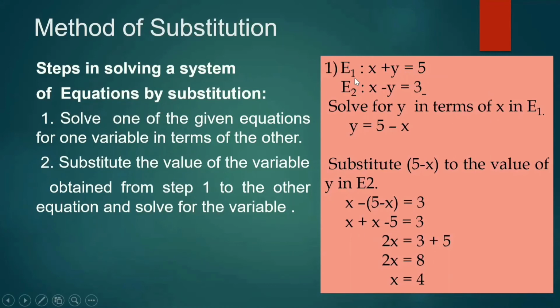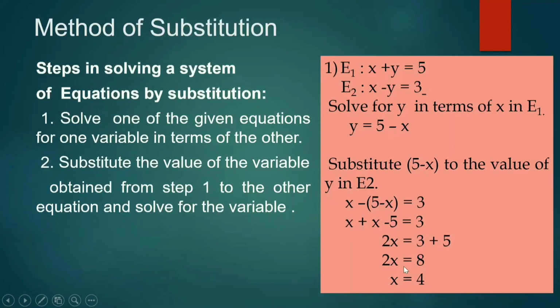Let's look at this example. In equation 1, we solve for y in terms of x. So y is equal to 5 minus x. And then we substitute this value for y in equation 2. And then we solve for x, and we find that x is equal to 4.